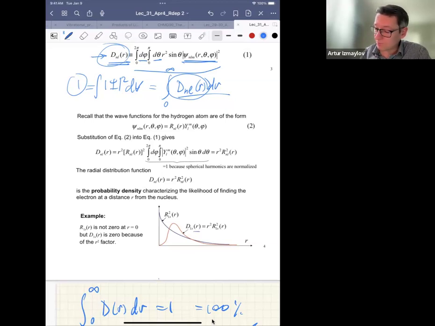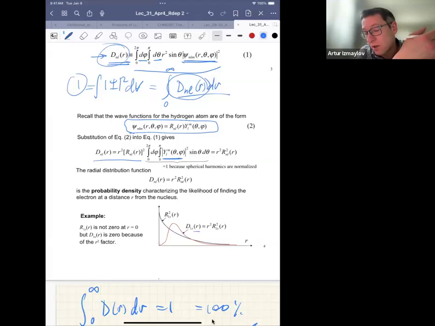When we put in the functions that we usually have as eigenfunctions for a hydrogen atom, the radial part and spherical harmonics, then we do this integration. Some part of this integration is very simple, actually. It's analytical, because spherical harmonics are eigenfunctions of L squared.